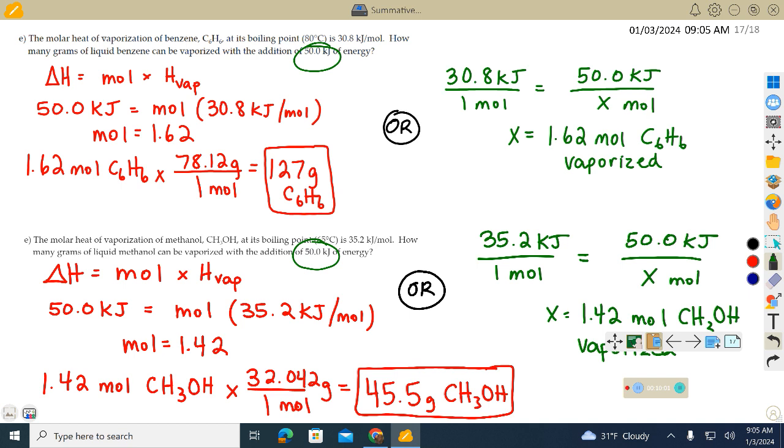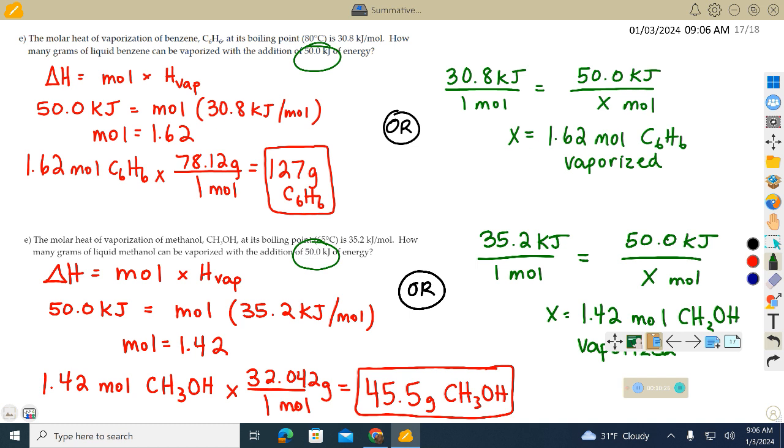I'm going to solve for moles, and I know the heat of vaporization. And in both of these, it kind of makes sense. I've got 50 kilojoules of heat available. It takes about 31 to 35 kilojoules to vaporize the benzene or the methanol. So yeah, I should be able to vaporize a little more than 1 mole of each. And then I can turn that into grams.